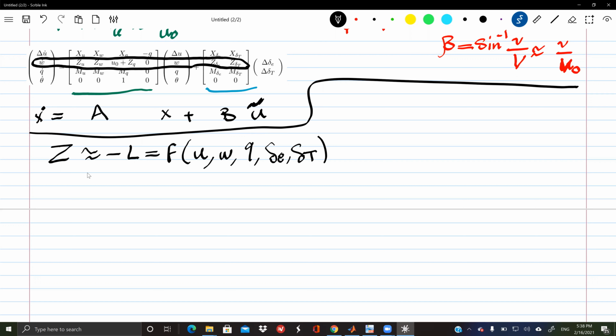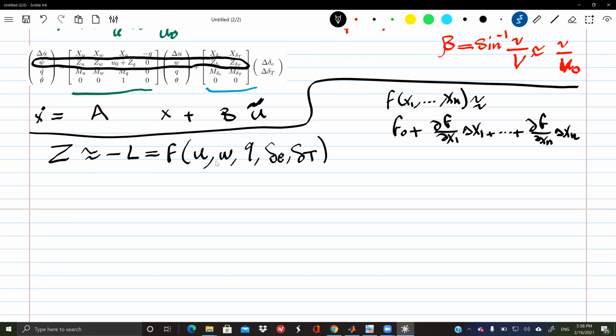And on the side, we remember that if we have any function of several variables, x1 up to xn, I can linearize it by writing this function as f naught plus partial f partial x1 times delta x1, delta from the operating point, and so on, up to partial f partial xn delta xn. So the x's here are u, w, q, and elevator and thrust.